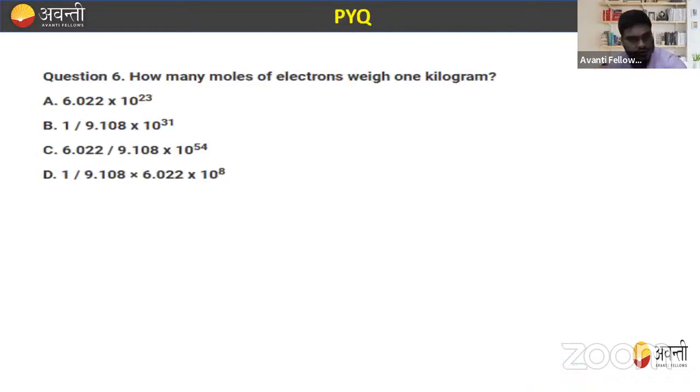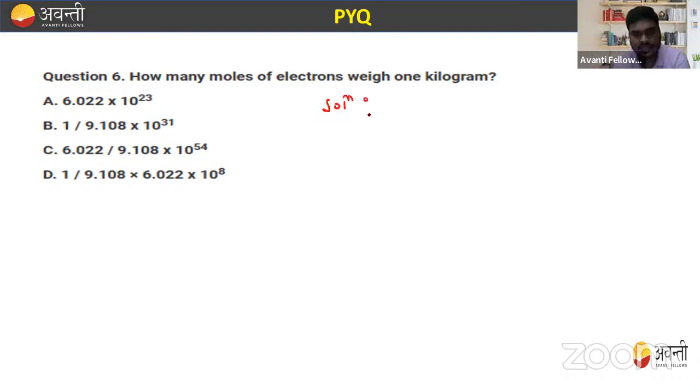Now, in this question, they ask you to calculate how many moles of electron weigh 1 kilogram. So you have to identify how many moles of electron weigh 1 kilogram. Okay, I'll solve, no issue.